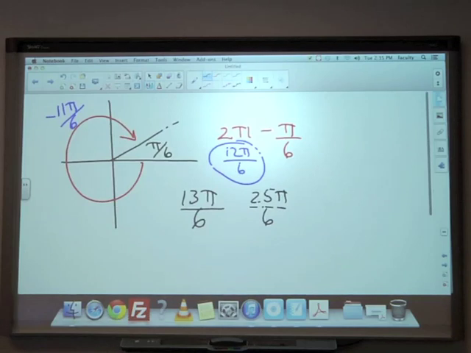In order to be able to do that, we have to first have a common denominator. Again, in order to add or subtract fractions, that rule hasn't changed any. Still the same rule. So 37 pi over 6. Now you go in the negative direction.